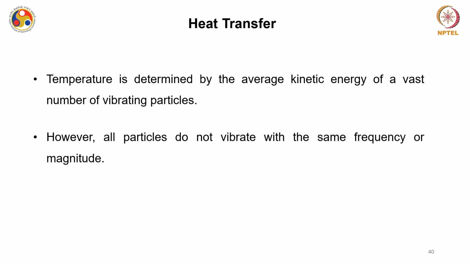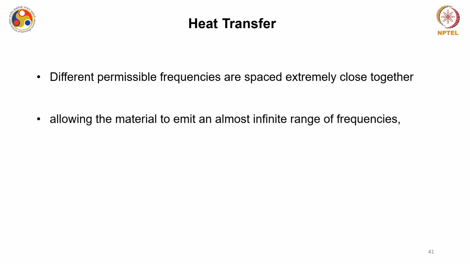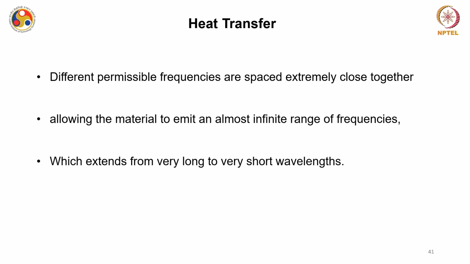However, please note that all particles do not vibrate with the same frequency or magnitude. Because of this, a wide range of frequencies is possible. The permissible frequencies are spaced extremely close together, allowing the material to emit an almost infinite range of frequencies, extending from very long wavelengths to very short wavelengths.